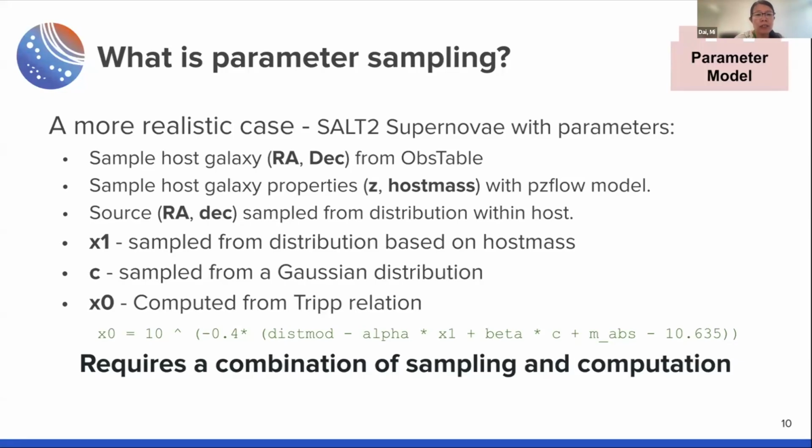And we can sample these light curve parameters using different realistic distributions. For example, we can sample the x1 distribution related to the host galaxy stellar mass, a Gaussian distribution of the color, and the x0 distribution pre-calculated using cosmology that is also related to x1 and c as a step of standardization of the supernova. So this would require a combination of sampling and computation.